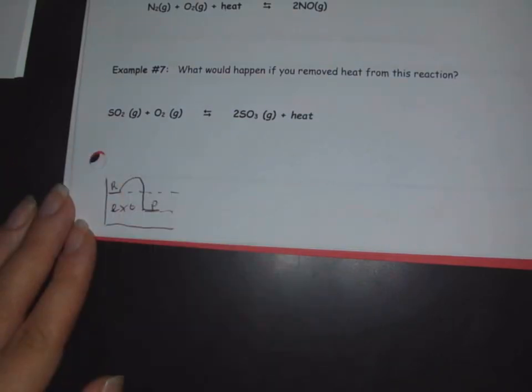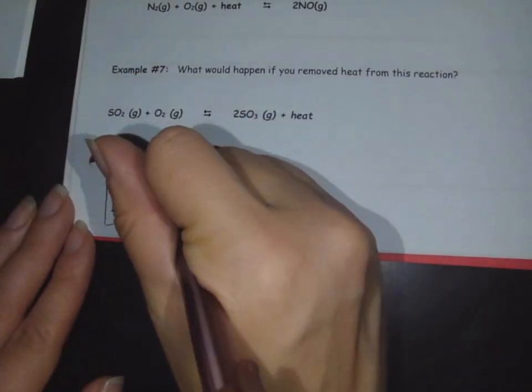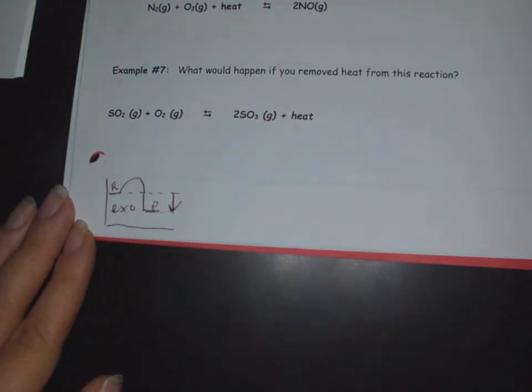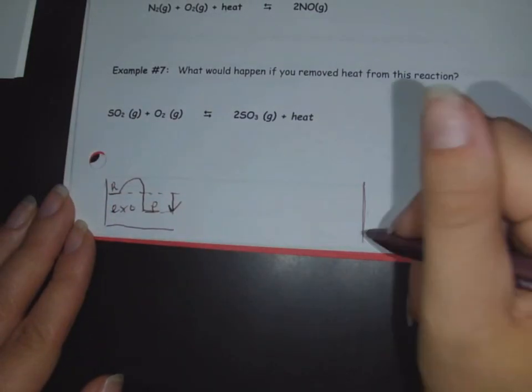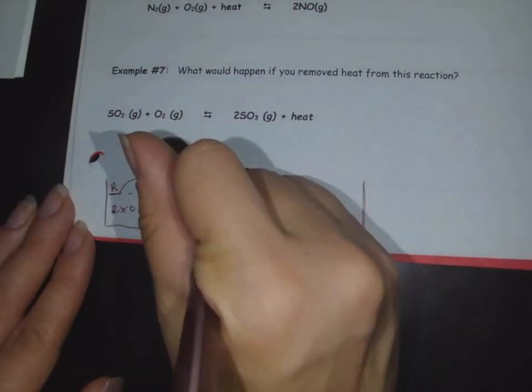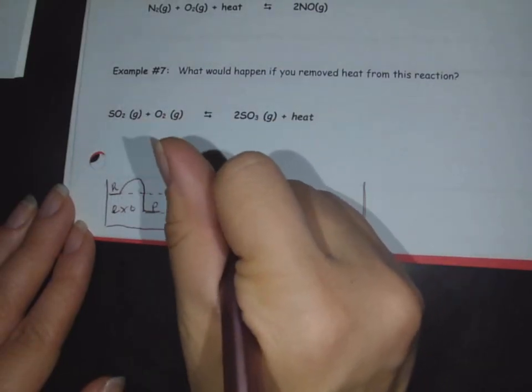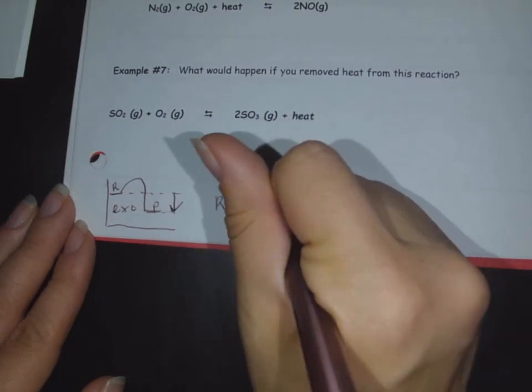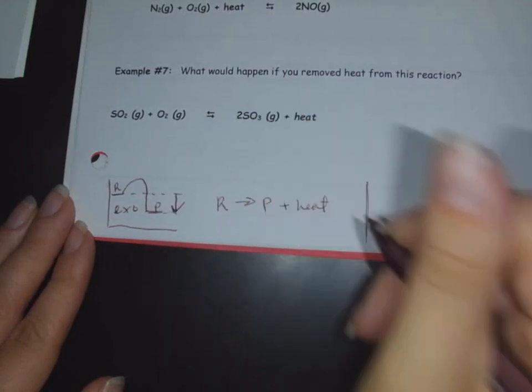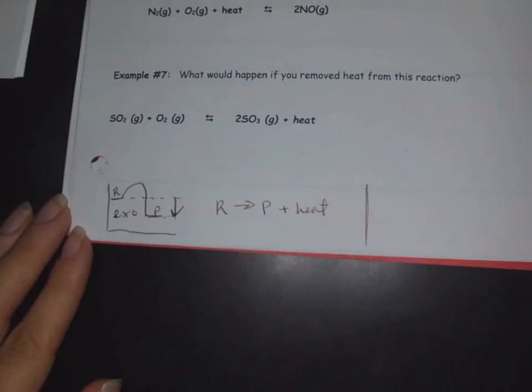This is exothermic because to go from reactants to products, we lose heat. We decrease heat. So if this is going to show up in a chemical equation, we have reactants turn into products, but when they do that, they also released heat. They also lost heat when they did that.